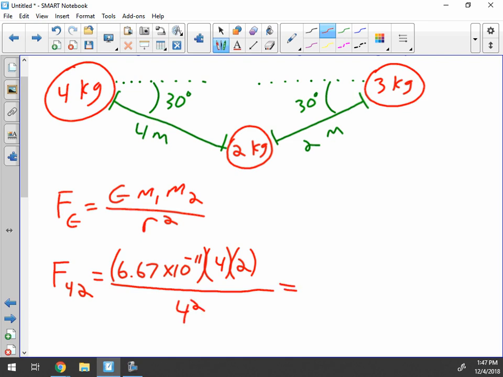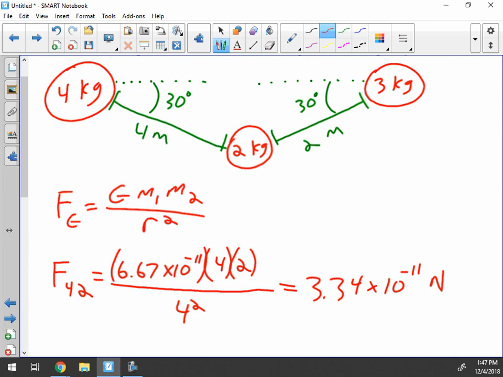And when we plug that in, we get 3.34 times 10 to the negative 11 newtons. Awesome. So once again, that is the force between the 4 kilogram object and the 2 kilogram object.